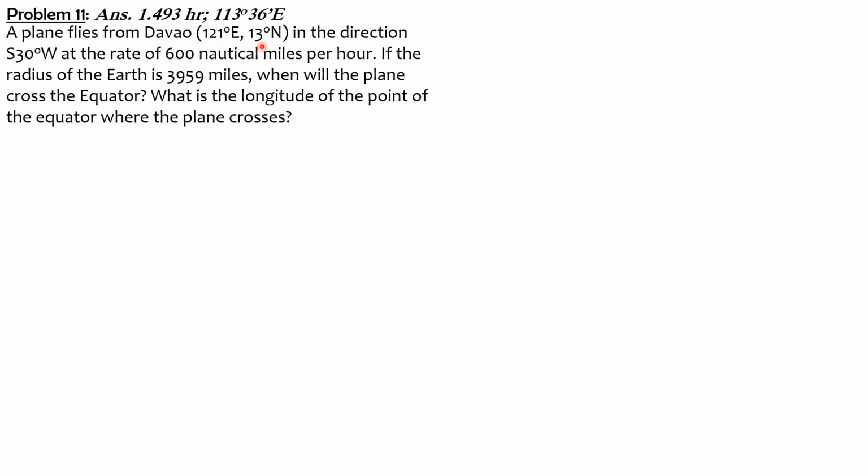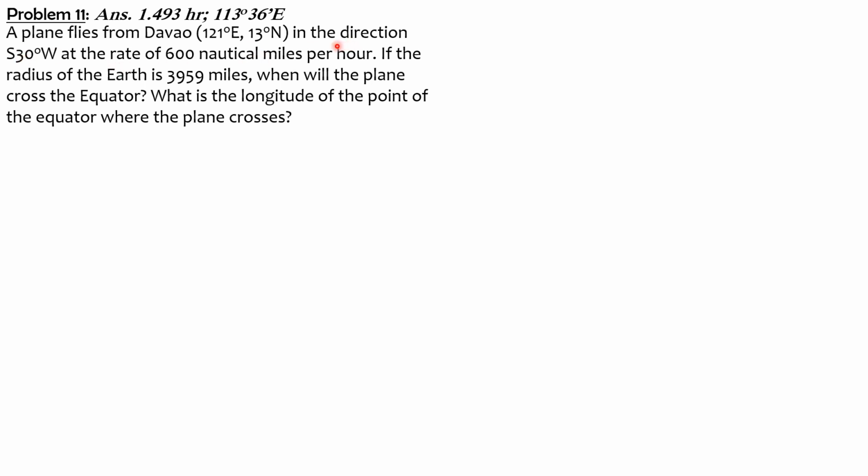Then the latitude is either north or south with a maximum value of 90 degrees. That's the distance of the place or point above or below the equator. And the equator is also a great circle. Now, if it is north, that point or place is above the equator. If it is south, then it is below the equator.